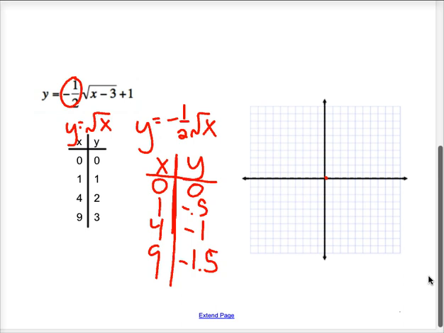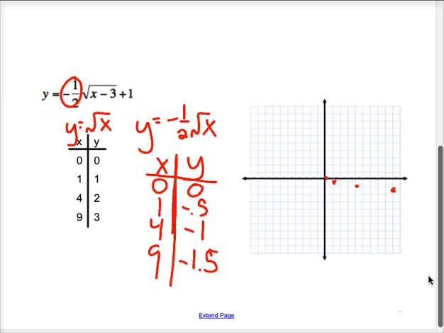We have 1, negative 0.5. And again, for these, just do the best you can plotting them. 4, -1, 9, -1.5. All right, so check. I've done the first thing. I've made a brand new table to include the stretch.